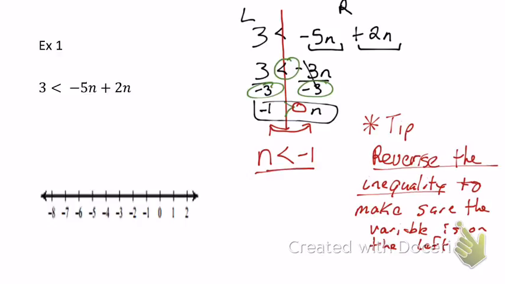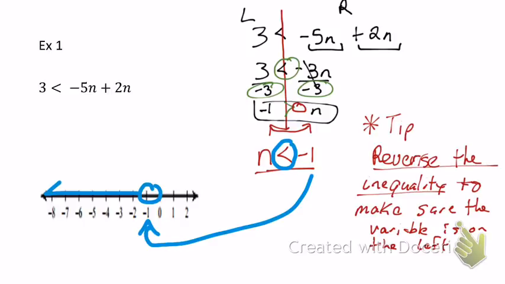Now this is going to be really easy to graph. We said when it doesn't have a line under it, we need to put an open circle. So I'm going to put an open circle here at negative 1. The arrow is pointing to the left, so that's going to tell me my arrow points to the left. That's the whole point of reversing the equation, so the variable is on the left side.